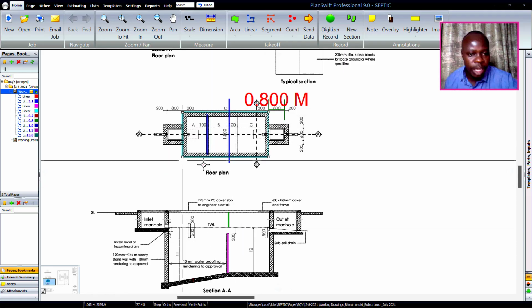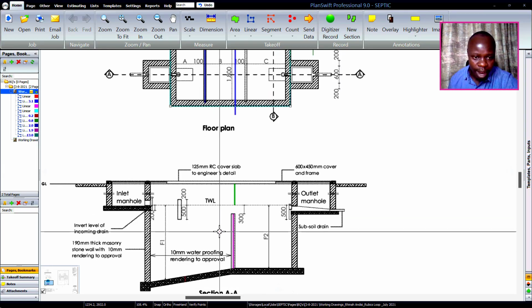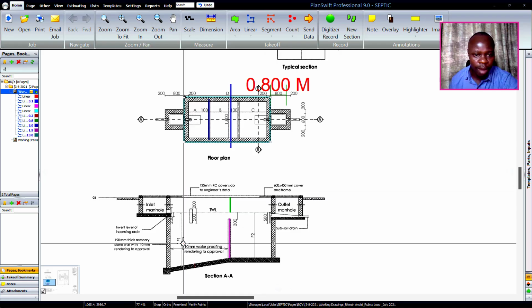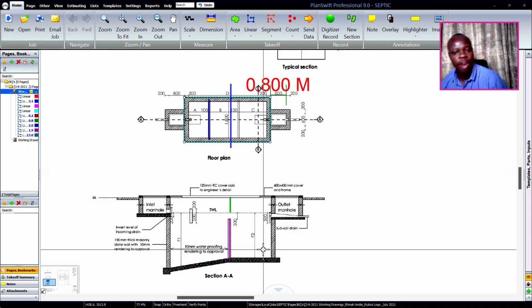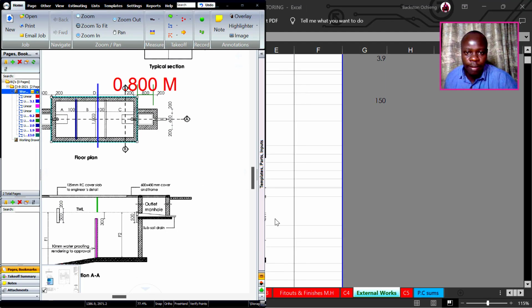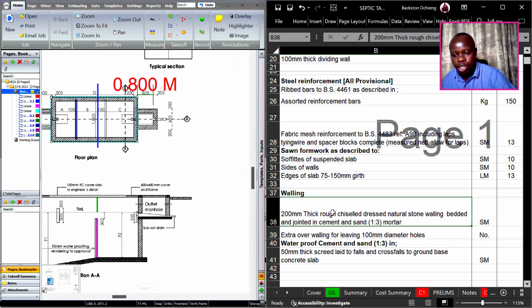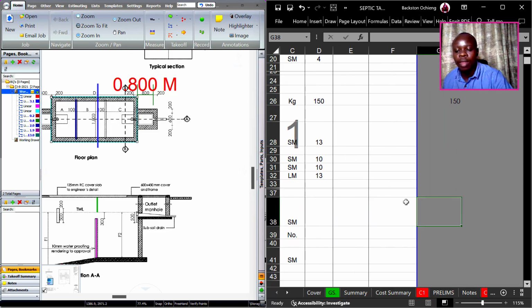So we start with the main section. On the main section, you notice the heights are varying. There's a section where we have F1, and another section where we have F2. So the first step to getting the area is for us to get the length.